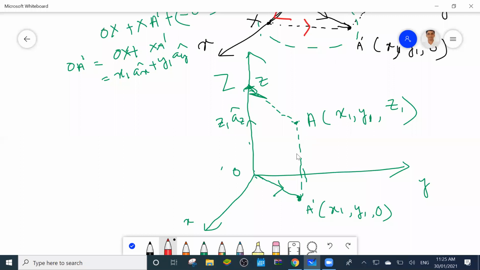So this vector and the A dash vector are parallel and of the same magnitude. So you can write this one also as Z1 AZ. Now you can find out the OA vector, the position vector.